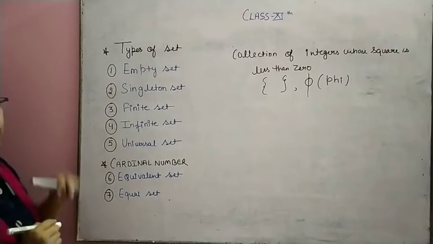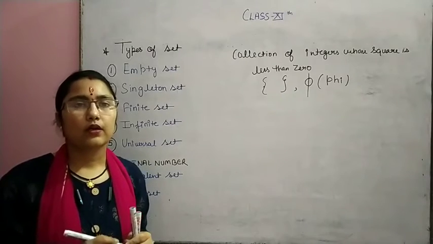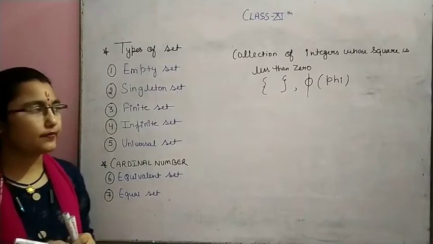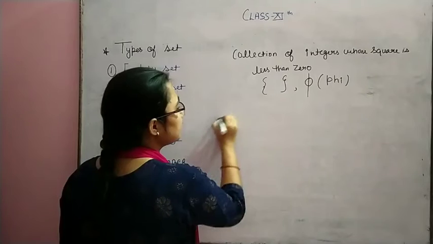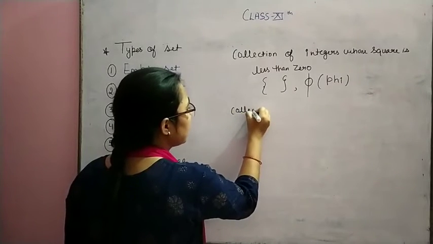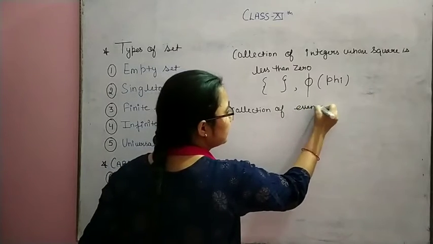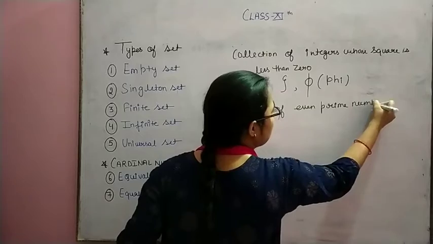Now singleton set. A set which contains only one element is called a singleton set. For example, the collection of even prime numbers.